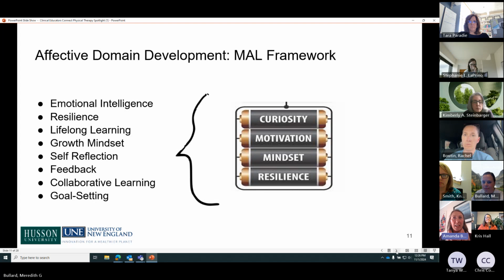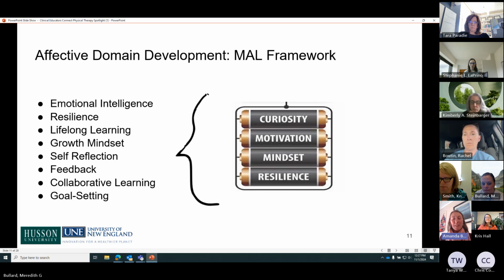When you're working in a clinical education setting to develop the affective domain, thinking about this in the context of MAL, you're trying to promote resilience and emotional intelligence, that growth mindset. Students are doing lots of goal setting during their clinicals, collaborative learning and feedback.